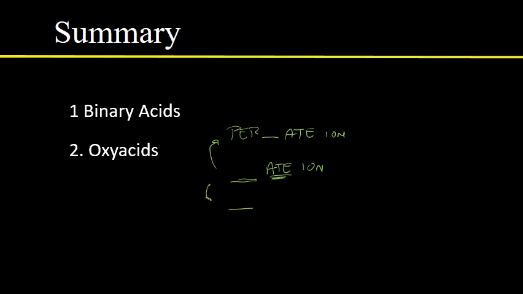If you decrease by 1, it goes to ite ion. And if you decrease again, then it goes to hypo-ite ion.